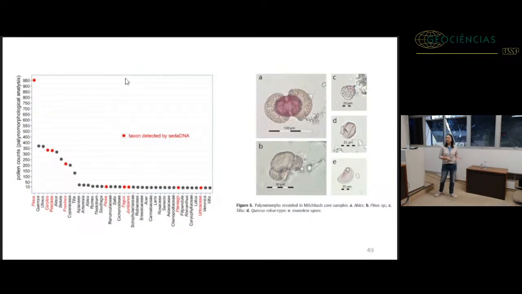So they could find, in the red dots, the signal of DNA of the same pollen grains they found in the palynology study. So it was not so good because the pollen has a larger biodiversity.